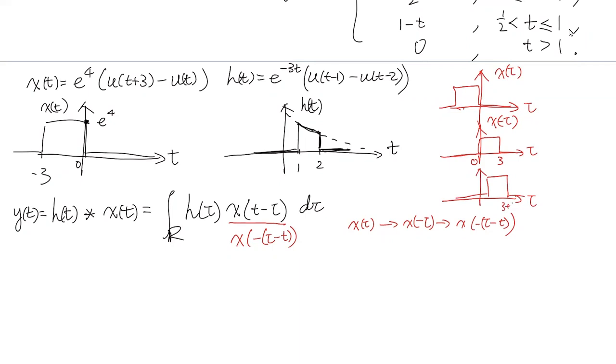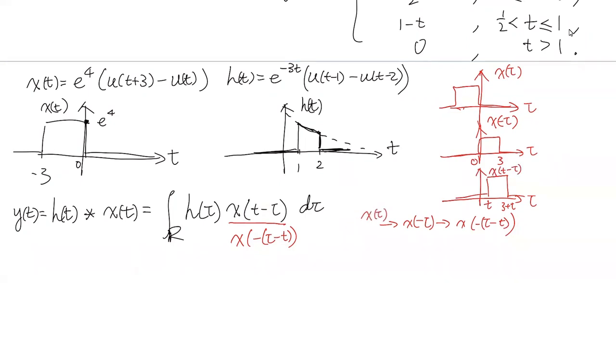So here is 3 plus t, because 3 shifts to the right by t. Say t is 1, so that's 4. Here this point is t. So this is what you have. After these 1, 2, 3 steps, you get this function. It's actually this function, so I just write it x of t minus tau.